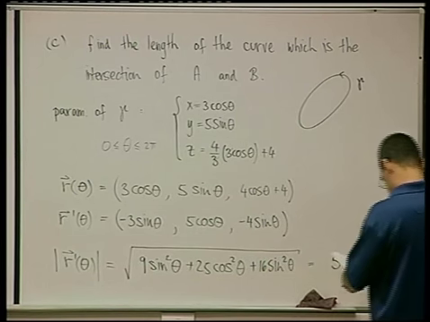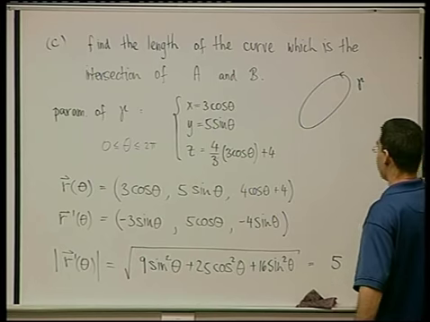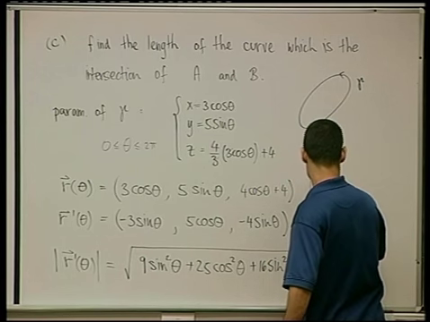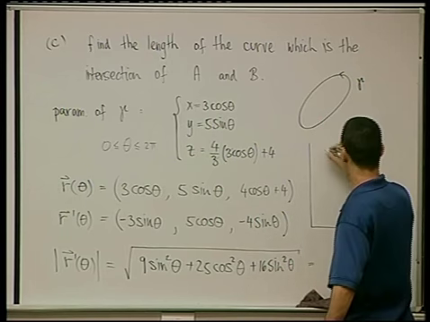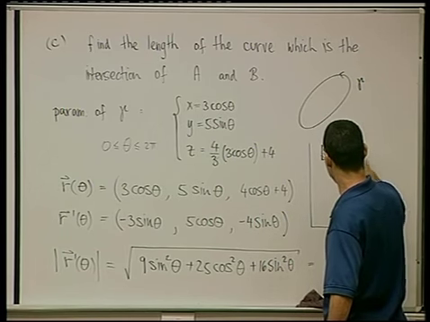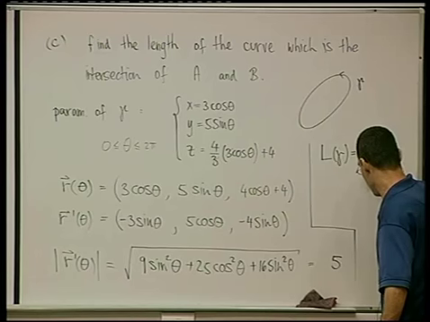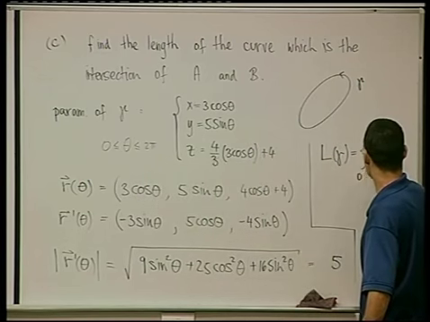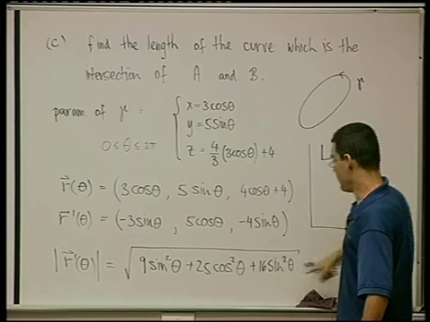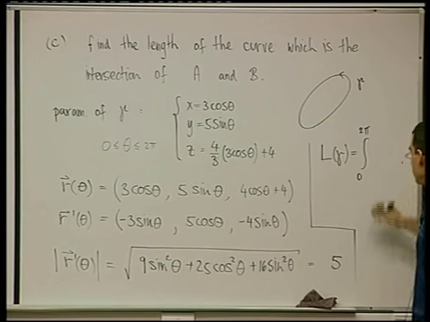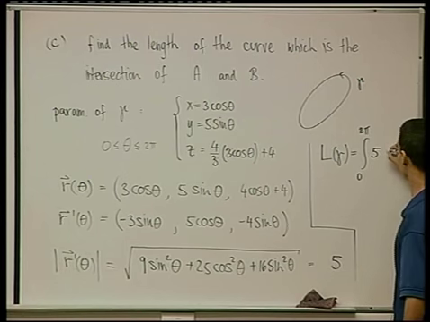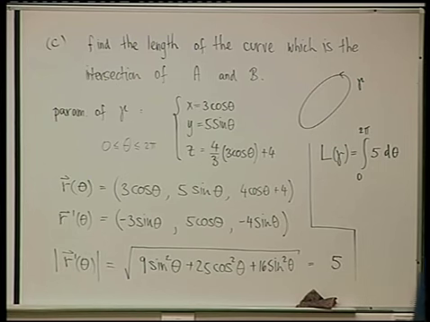So L, the length of gamma, is just the integral ranging over the parameter from 0 to 2 pi of the length of r prime, which is 5, d theta. Good?